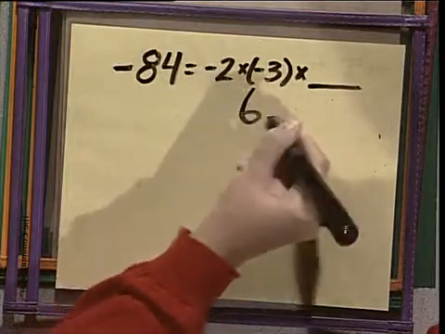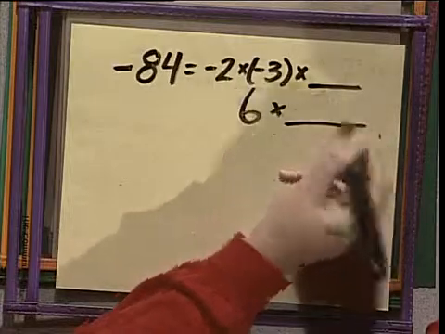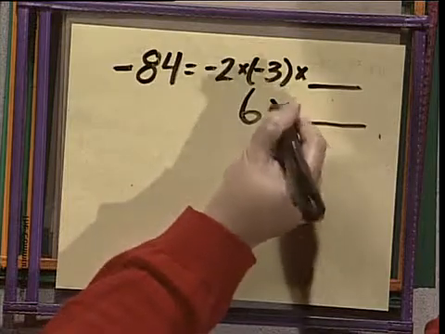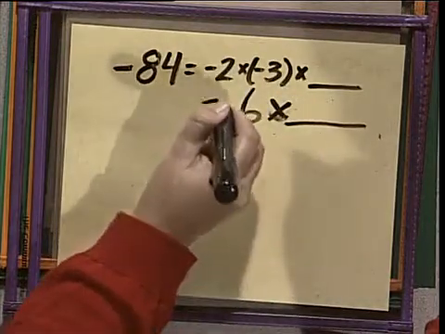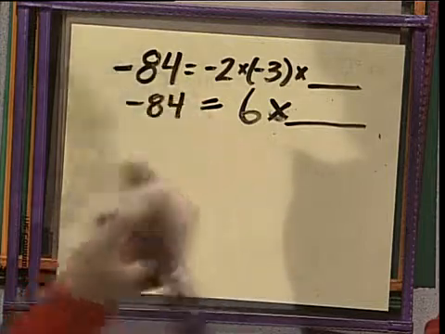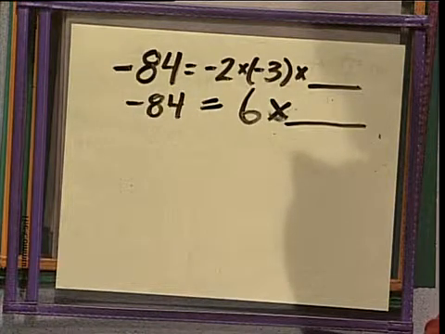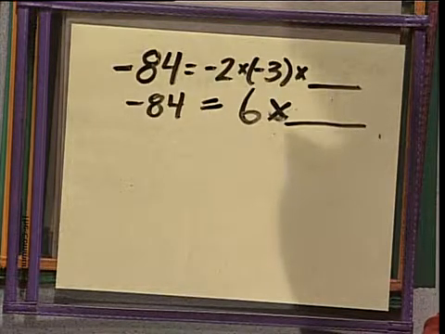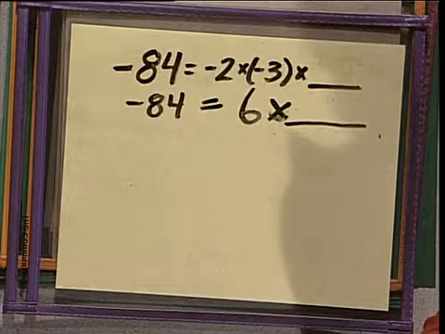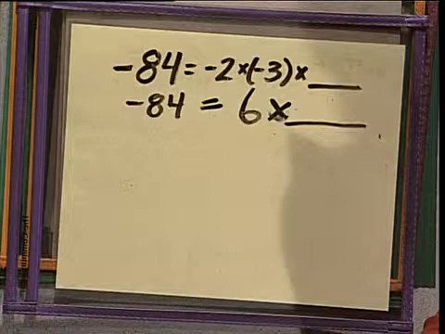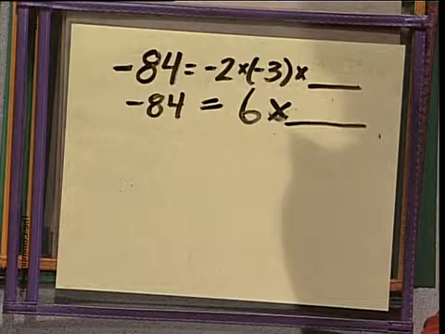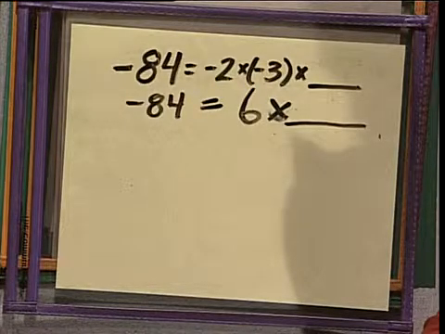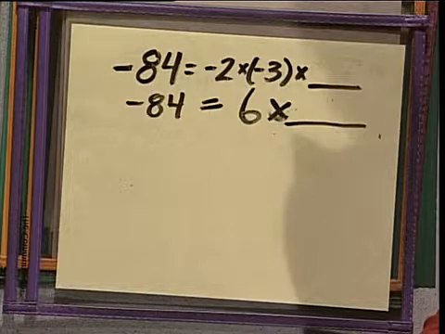Okay, so now we have a positive 6 times something. Can you think of 6 times something that might give us a negative 84? That's a hard one. So Roderick, do you think it's going to be more or less than 10?